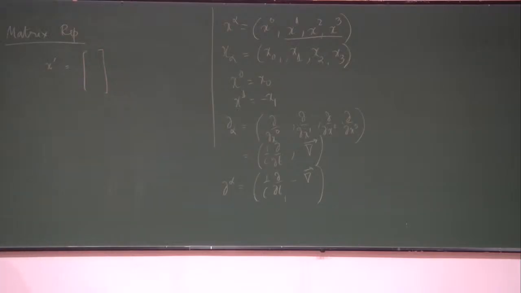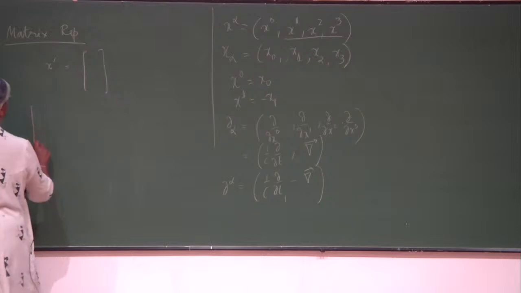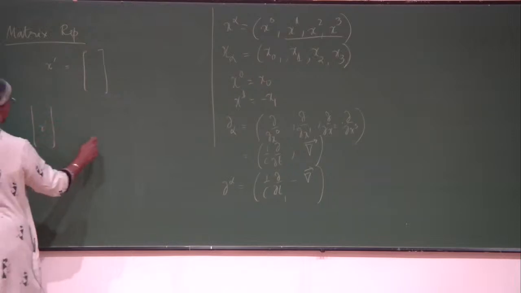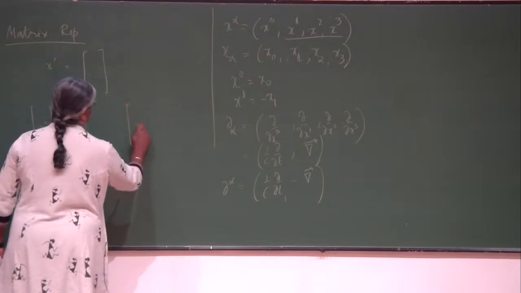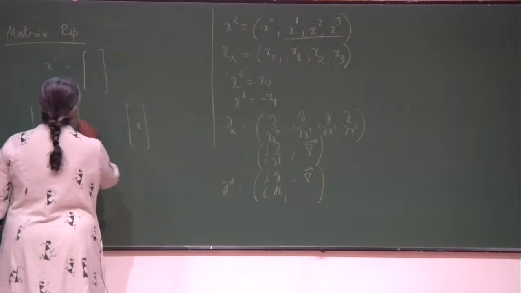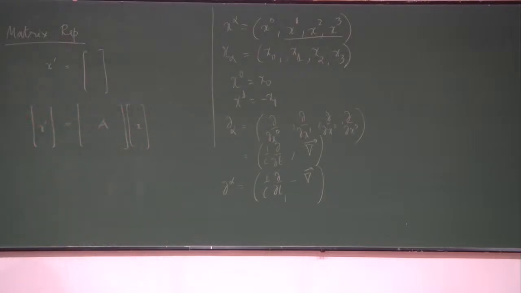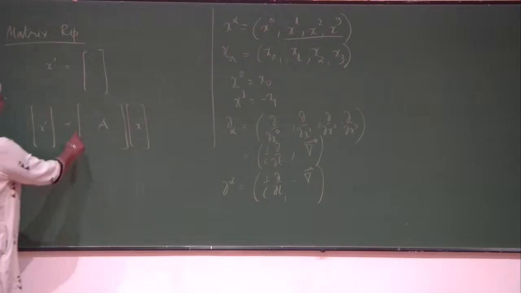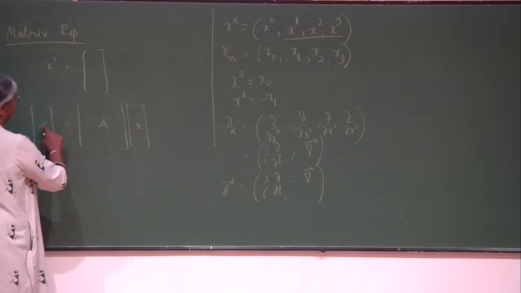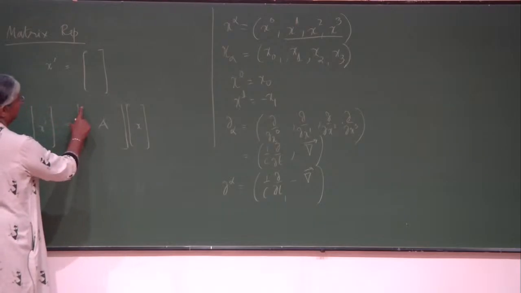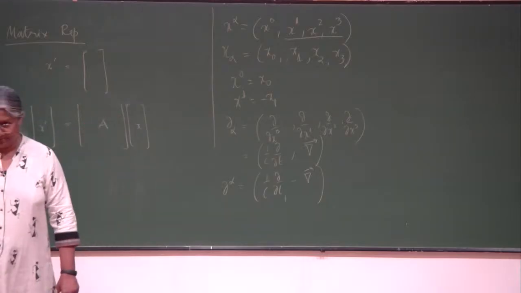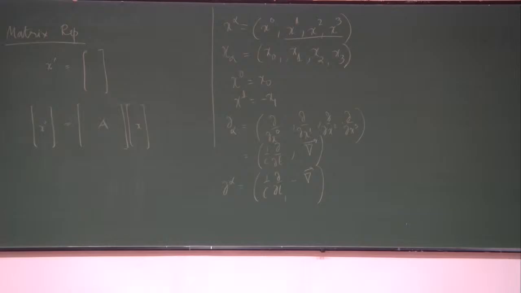Okay, and I can write x prime as related to x through some matrix. This is your Lorentz transformation matrix. So for example, x0 prime in terms of x0 will be gamma times t minus vx by c squared, whatever. So all those matrix elements you will be able to write, okay? Fine, you understand this, right?